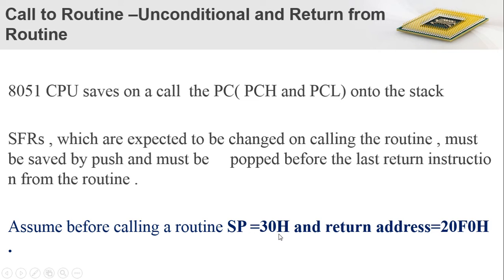This is a particular memory byte address, which indicates that the stack top is currently pointing to byte address 30h. And assume the program counter PC is currently holding the value 20F0H.